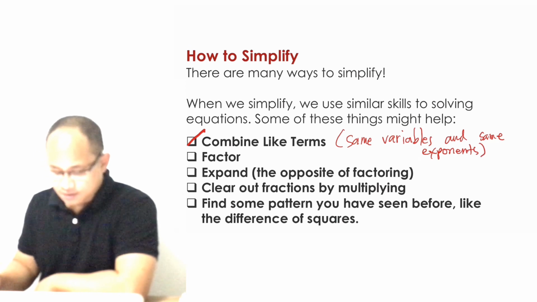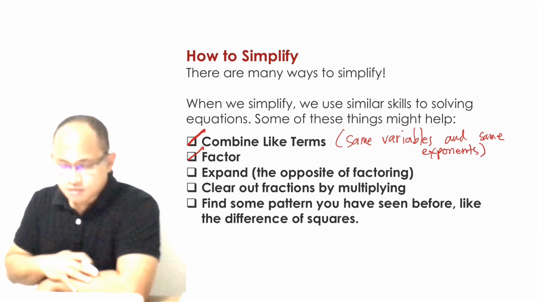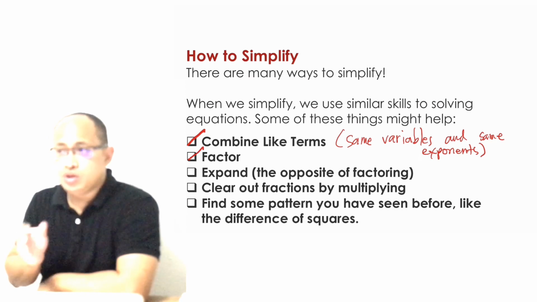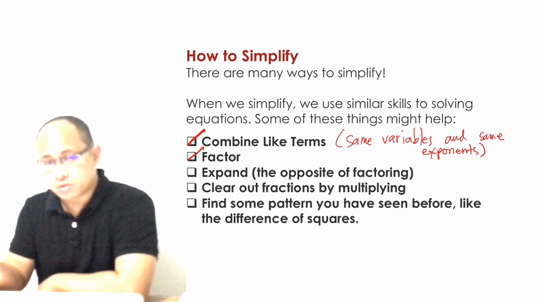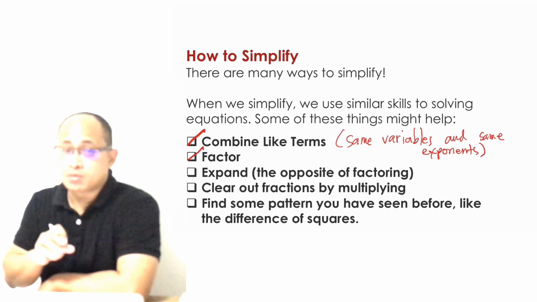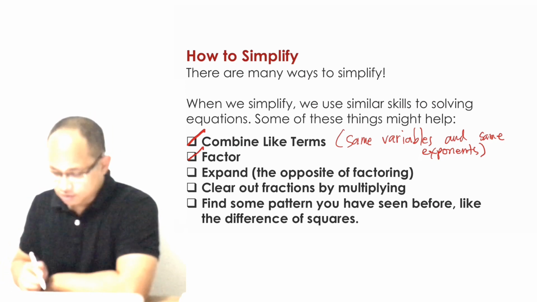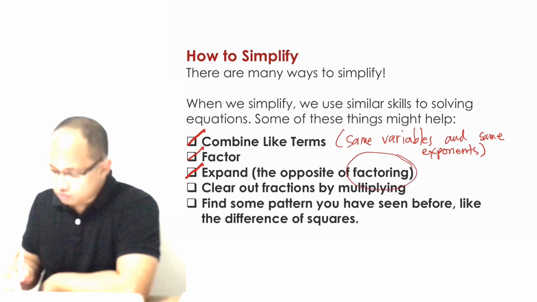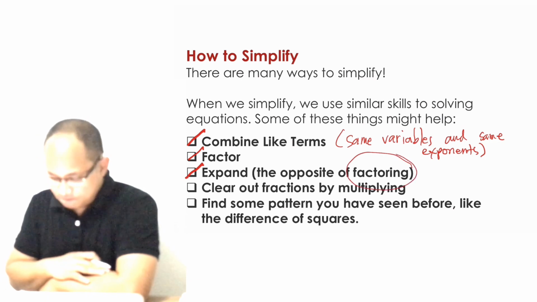Then factor. Find the numbers that you need to multiply in order to get that number. Factors are the numbers we multiply. Then expand, by the use of factoring.